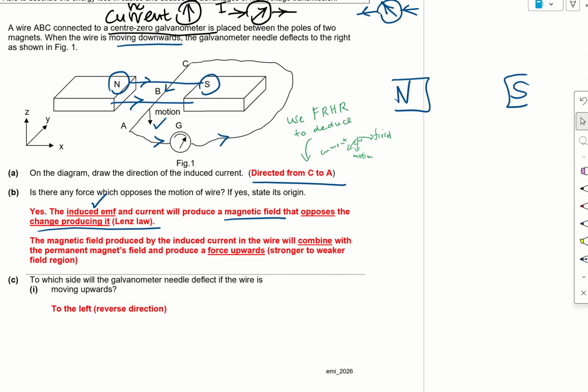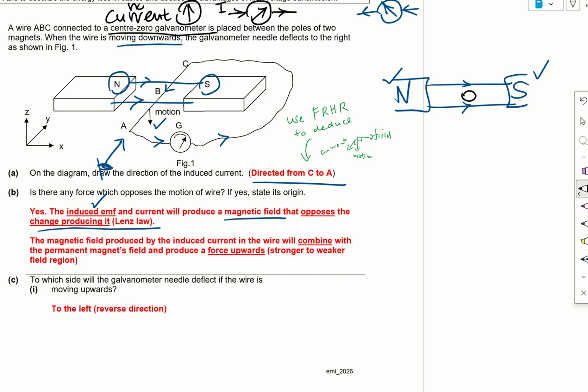If I were to look at the wire from this perspective, I will see my north on the left and my south pole on the right. This is for the external magnet, and the magnetic field goes from left to right. And now I have my wire.